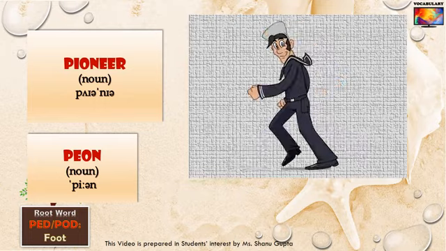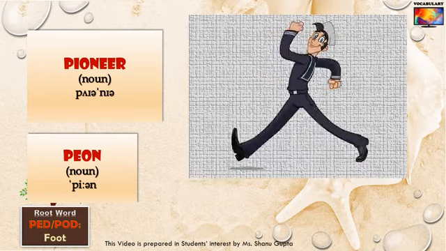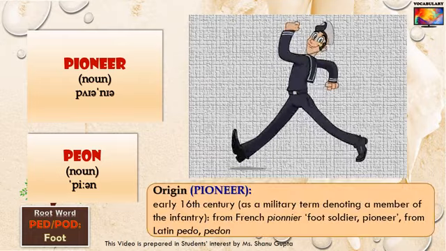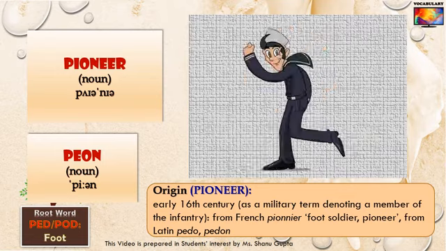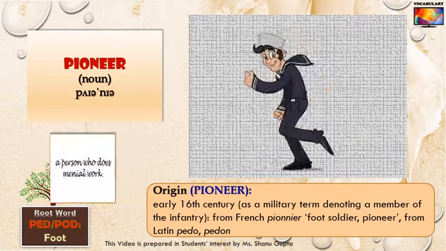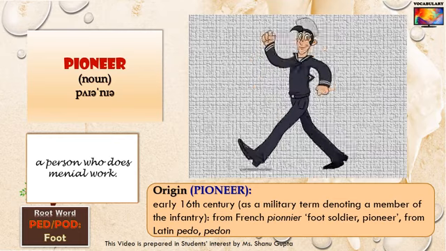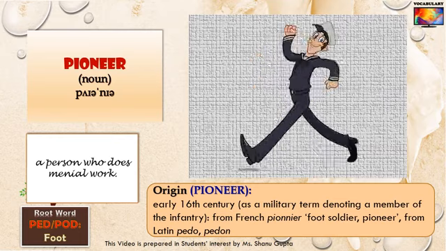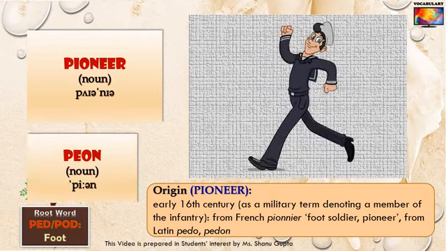Words like peon and pioneer originated from foot, from the Latin word pedon, which meant a foot soldier. Peon was inherited from Latin to Spanish to English and went on to mean a person who does menial work like a day laborer or an unskilled farm worker. The word pioneer was adopted from Latin into French and then into English.